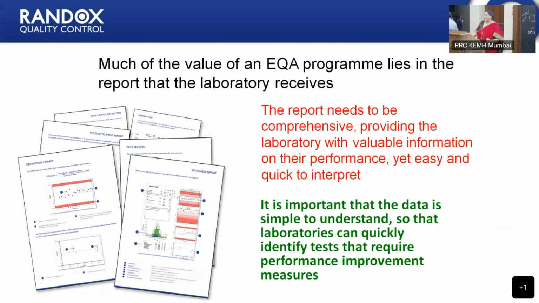What is more important in EQA is the EQA report. It should be comprehensive enough, easy to interpret, and the information provided in the report should be useful to the laboratory.